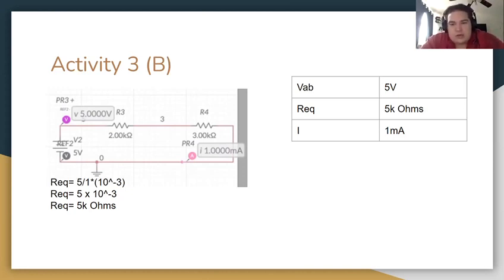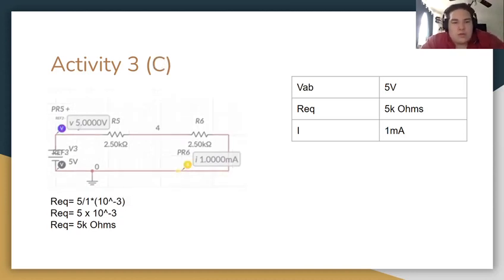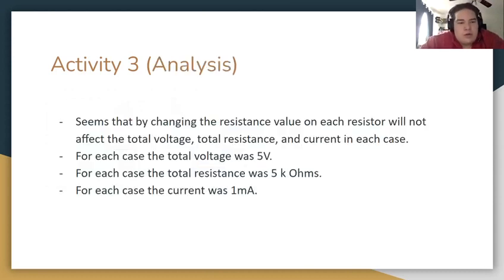The resistance is also 5K ohms, and the current is 1 milliamp. Go to the other one. And C also has different resistor values. The total resistance is still 5K, the total voltage is 5 volts, and the current is still 1 milliamp. Go to the next one also.